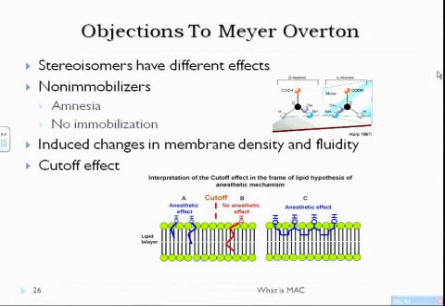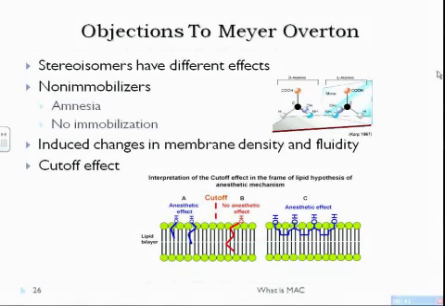The non-immobilizers, which cause no immobilization but amnesia, are another thing that is also against this, like GABA agents. GABA agents are selective for proteins. Okay? Induced changes in membrane density and fluidity are also objections, and then the cutoff effect, which basically has to do with how much agent you're putting into the individual.